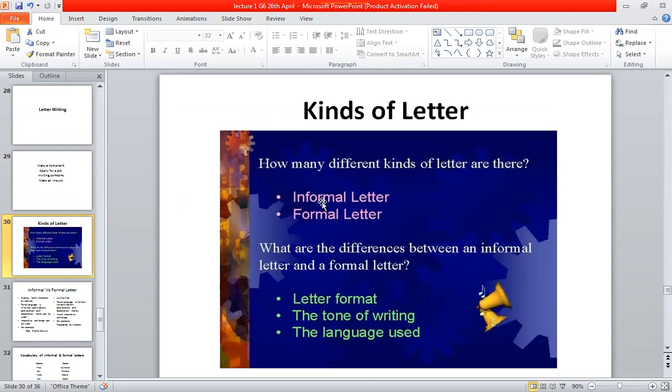Informal letter is written to friends or relatives. And formal letter is written for official purposes or written to authorities, to the editor of a newspaper, to the principal of the school.